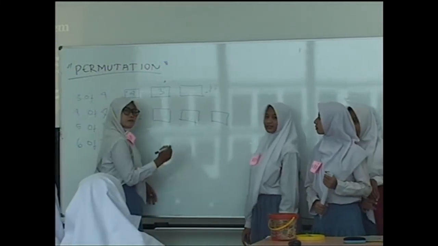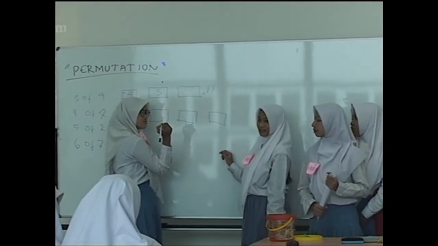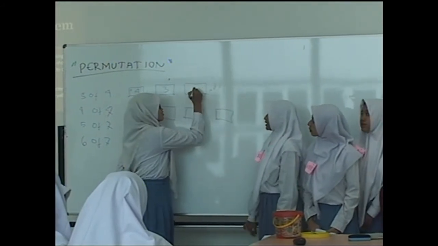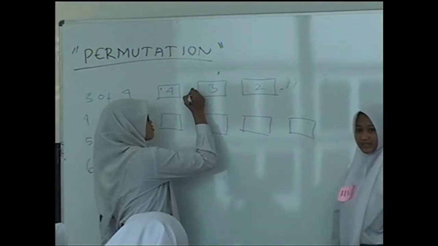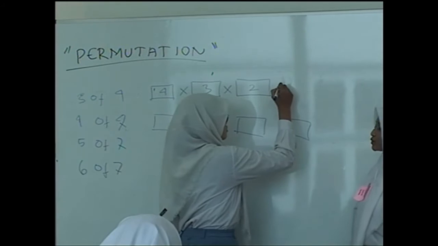The third box is for the third floor, so the number of colors that can be chosen is 2. So we have the possible arrangements by multiplying the numbers that we write in the boxes. 4 times 3 times 2 is equal to 24.